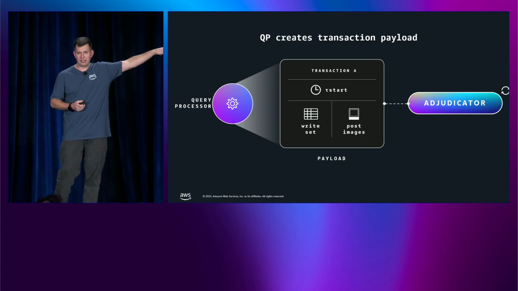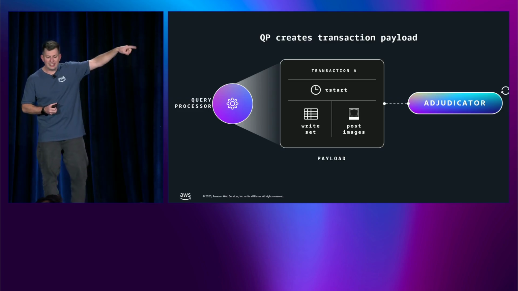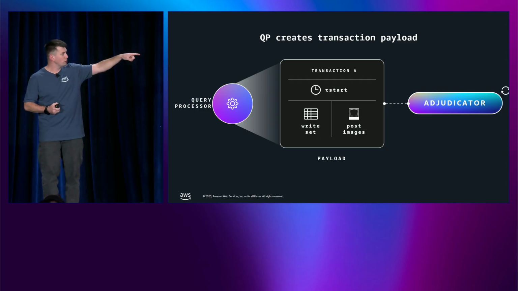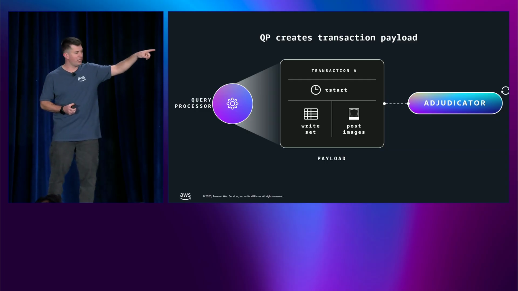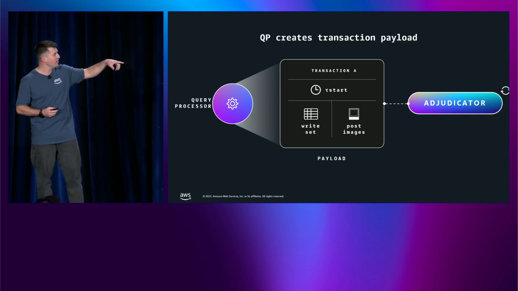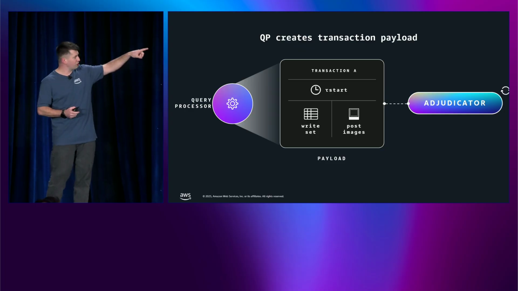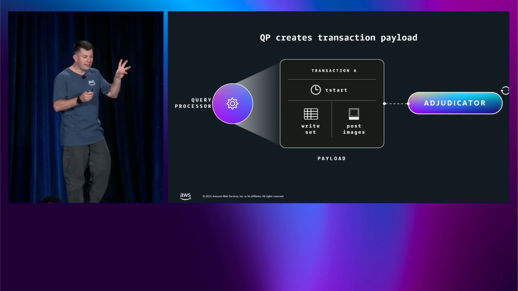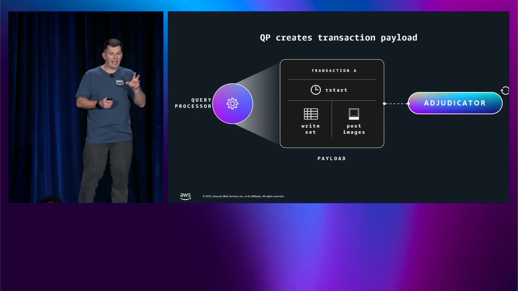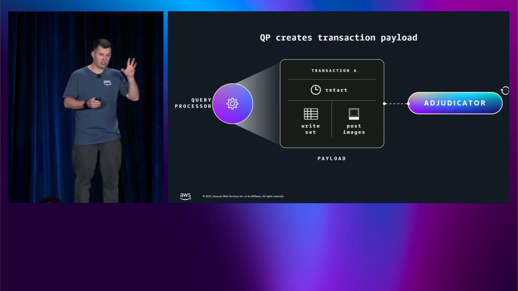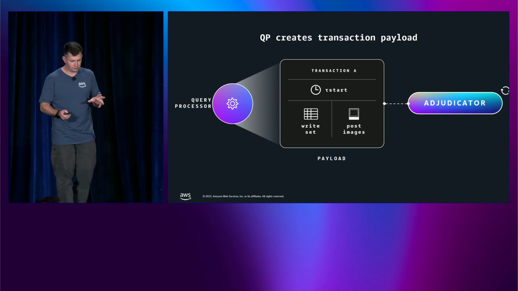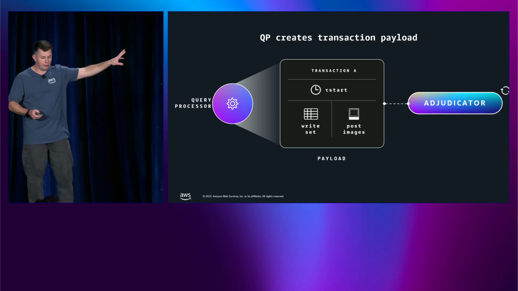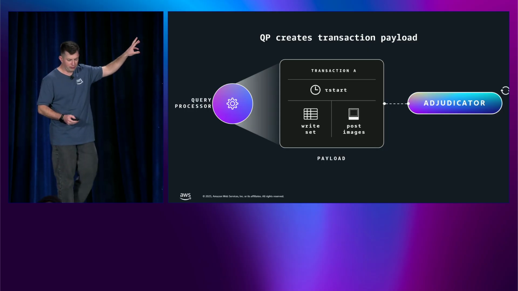We have the post image set, which contains a copy of the table rows after applying the transaction changes. And we also have the start time of the transaction, tau start, which plays a critical role in deciding whether the transaction will be committed or aborted. We will talk about this part a little bit later.